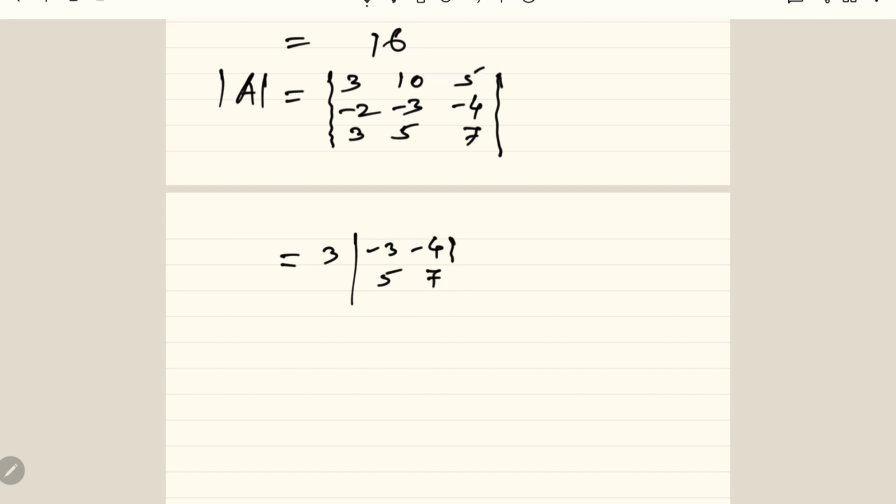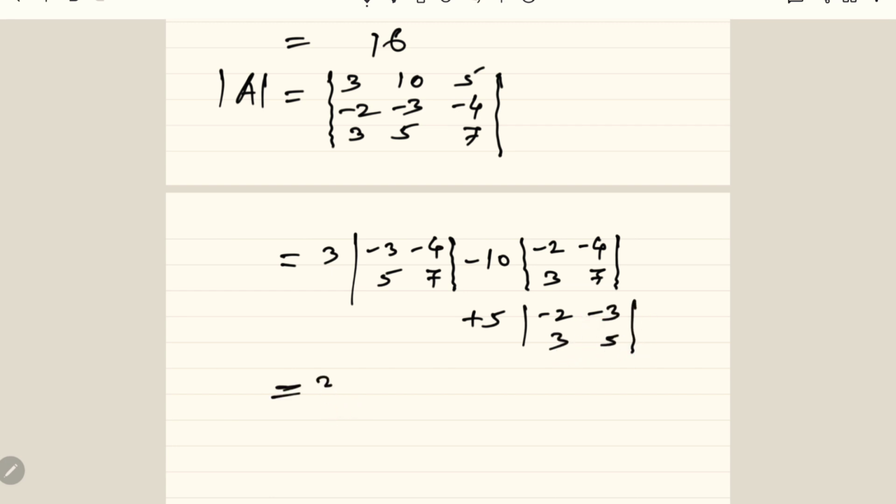I will show the calculation in detail. Then minus 10, the second term with minus sign, neglecting the first row and second column, we get the determinant of -2, -4, 3, 7, and plus 5, neglecting the first row and third column, the determinant of -2, -3 and 3, 5.